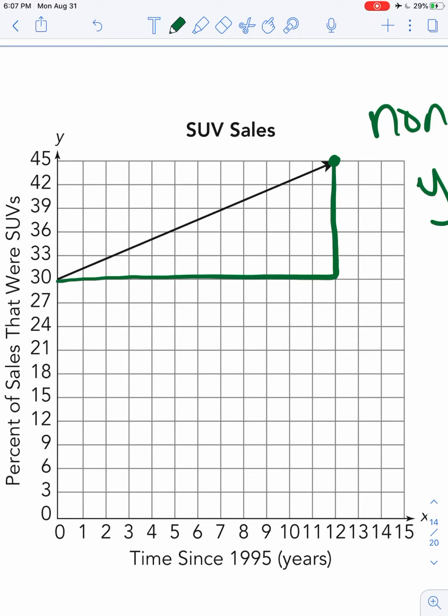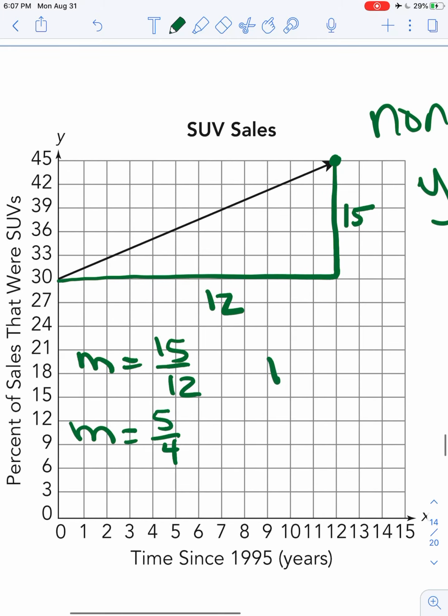From 30 to 45 is 15 tall. From 0 over to 12 is 12 across. So my slope is going to be 15 over 12. Simplified would be 5 over 4.